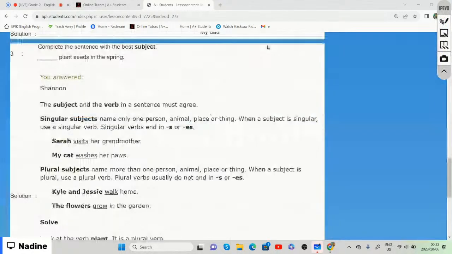All right, last one. We need to complete the sentence subject. Plant seeds in spring. So we need to choose a word, a subject. Plant seeds in spring.